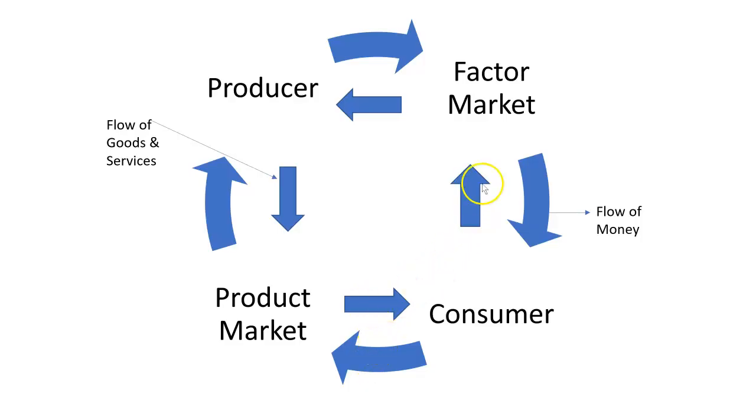The inner flow is the flow of goods and services. And when we look at the domestic economy, the flow of goods and services and the flow of money need to be equal. Right? In order for the economy to be stable, we need these two to be equal.